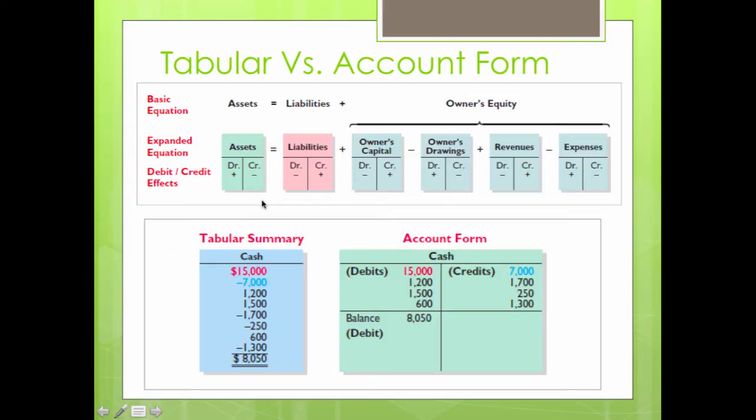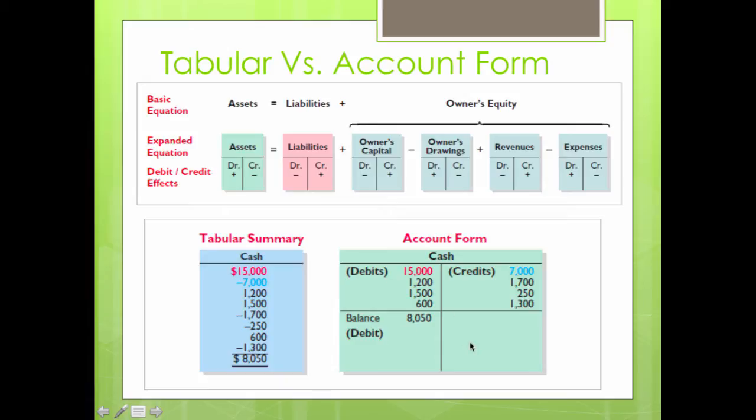Once we finish recording our transactions, we need to determine the balance, which is what we did in the tabular form. We determined the balance. Okay? So what you need to do is add all of the debit numbers and then add all of the credit numbers. And then you need to determine the difference between the two sides. Whichever side is larger, that's where you will record the balance.